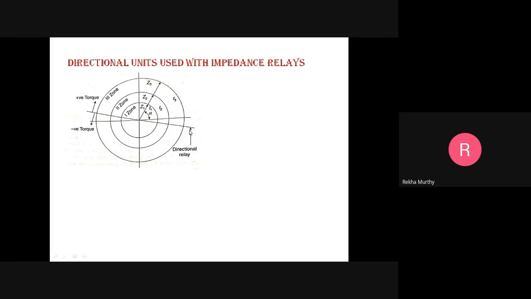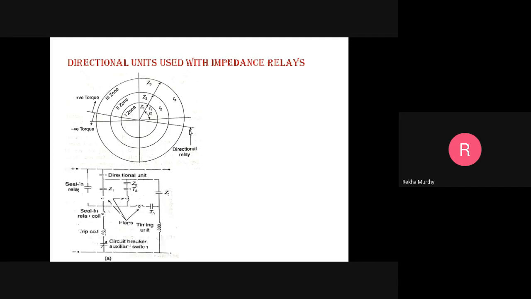Now let us see how you can replicate this by making use of the directional unit in the circuit. You can make use of this circuit where the directional unit is connected in series with the impedance relay. A directional unit is nothing but a representation like a capacitor, that means two parallel lines.